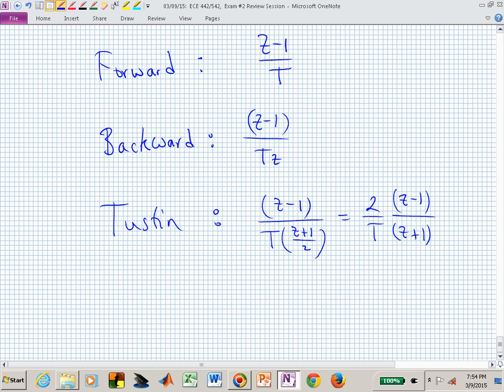And you should be able to use this to convert some continuous time transfer function, meaning an S domain expression, into a Z domain equivalent.